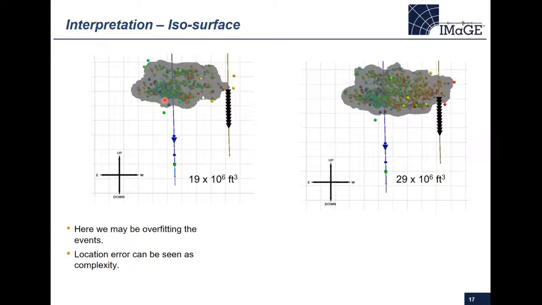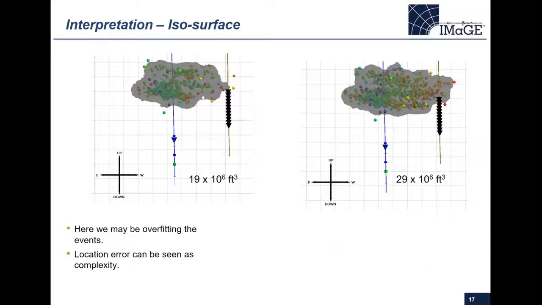But here we may be overfitting the events. A lot of the location error gives this scatter. So you're never going to know: are we just missing a few more events here, which is why this chunk's missing, or is that an actual artifact?